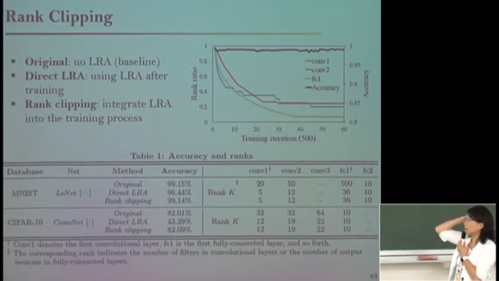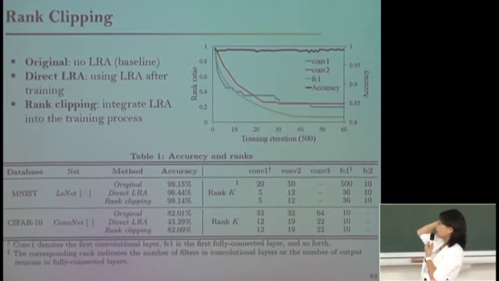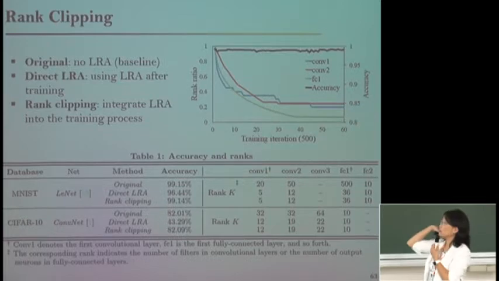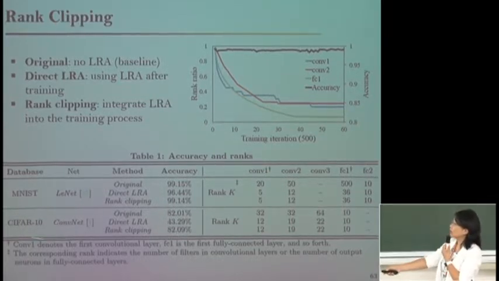For rank clipping, we analyze its impact on the systems. Here I use two databases and two networks: LeNet for MNIST, a simple network, and ConvNet for CIFAR-10.